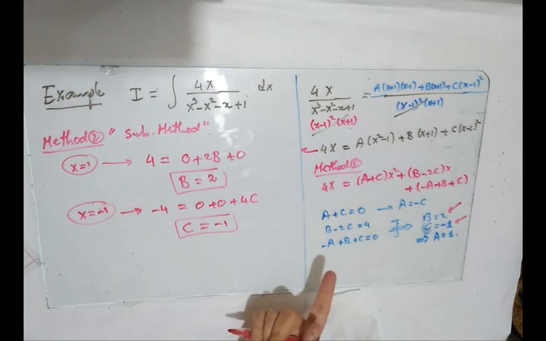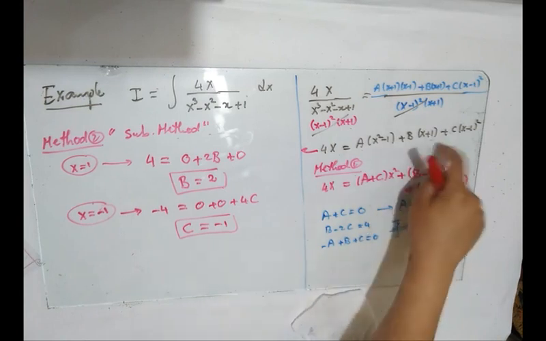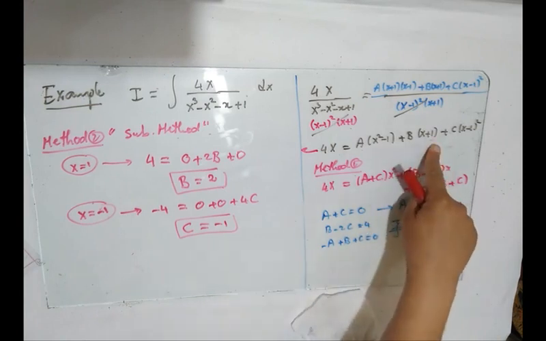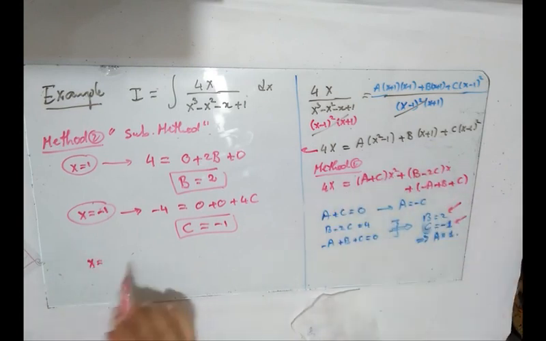But now we don't have other zeros of the denominator. So what can we do? Actually, this identity is true for every x, so you can choose any x. You can choose a special value of x which makes these equations pretty simple.